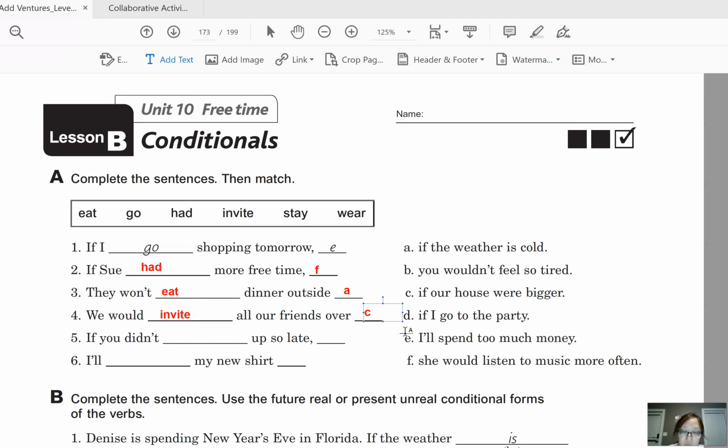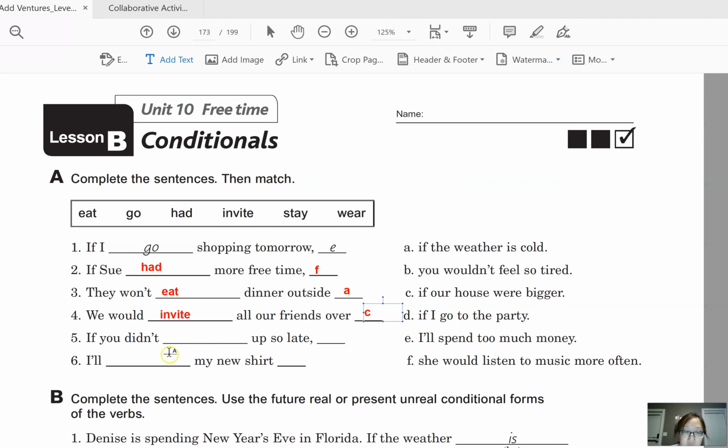Okay, so this is either present unreal or future unreal conditional because it may be talking about a specific event in the future, maybe for a holiday dinner, but it could also be present unreal, like in general we would invite all our friends over if our house were bigger, but it isn't, so we can't, or so we won't. So it could be either. As I mentioned, both present unreal and future unreal conditionals have the same form.